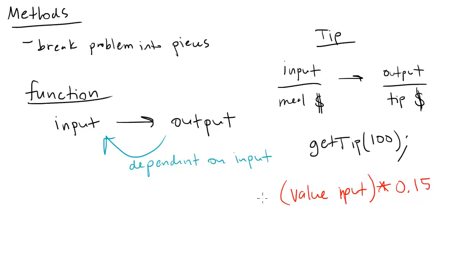And that is what your output is going to be. In this sense, the tip is a function of how much the meal costs. When you say, hey, give me the tip, you need to tell me also how much the meal costs so that I can effectively give you the tip. We are going to look at that in Eclipse in just a moment.